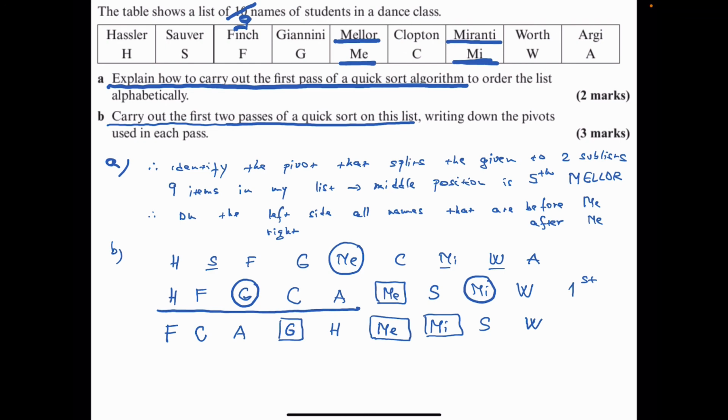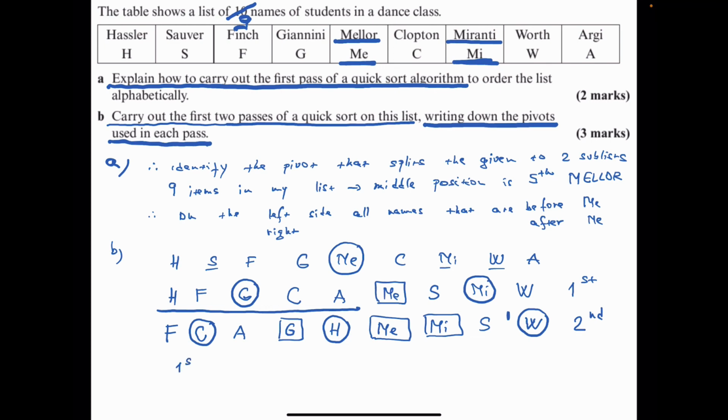Because they ask for 2 passes, if you want to complete the second pass, then I have to identify the pivots for the next one. So in this case, it would be C in this sublist, then H is the only item left on this side, and in here I have 2 candidates, but because the midpoint is somewhere here, the one on the right side is W. So in this way, second pass is completed, and I didn't notice before that we need to also write down the pivots used in each pass.